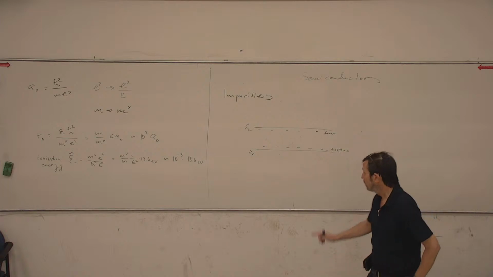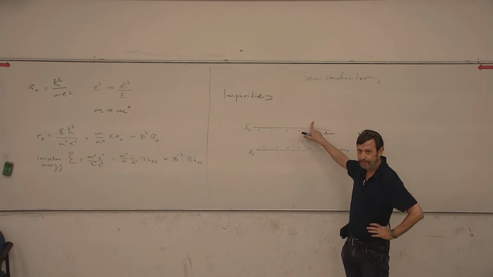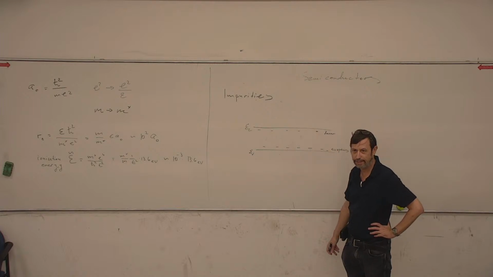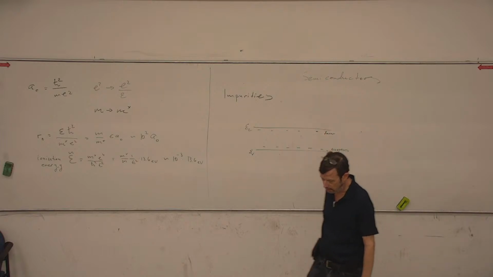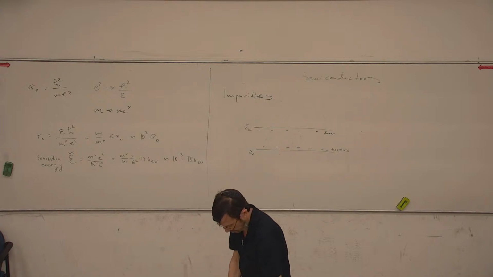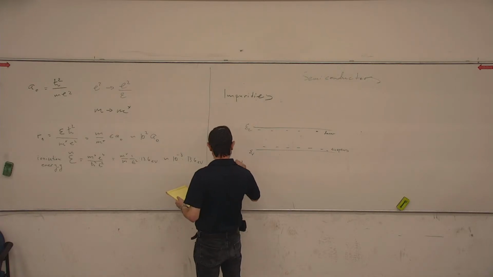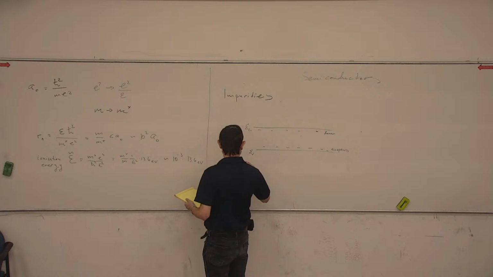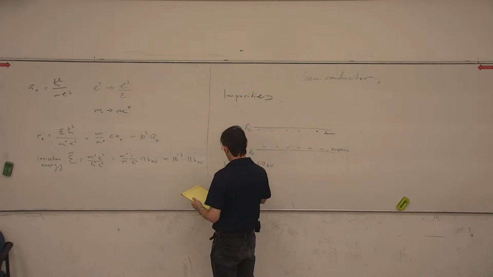Why? To kick these donors into the conduction band is much easier than bringing electrons from the valence band. Why? Because the difference is much smaller. Let's write down numbers. So for silicon, the gap, and for germanium.